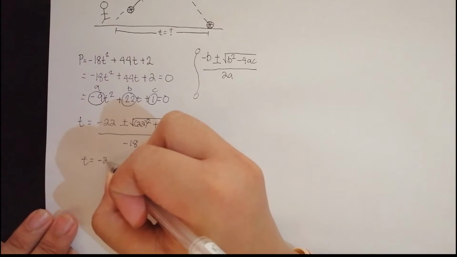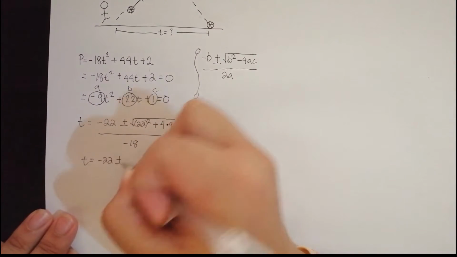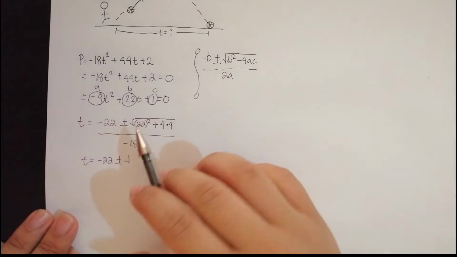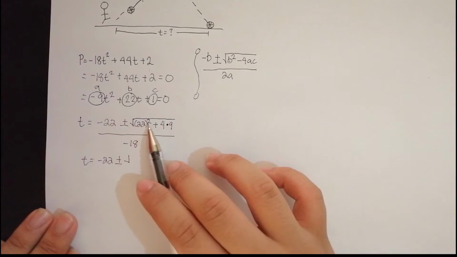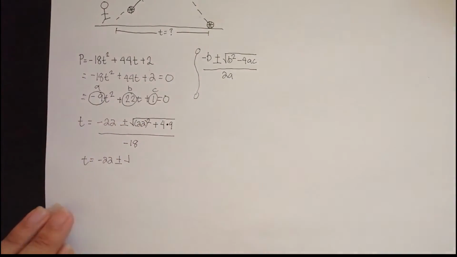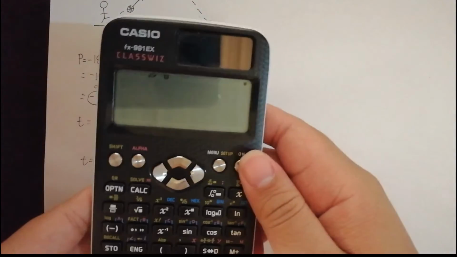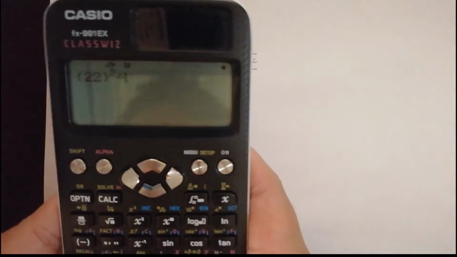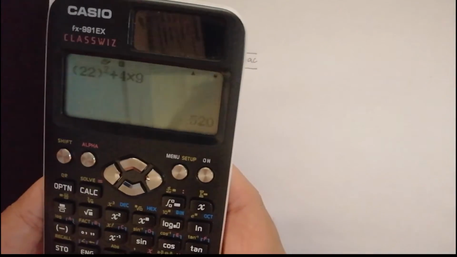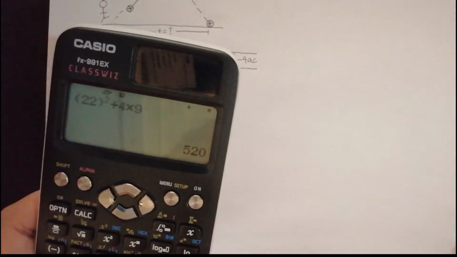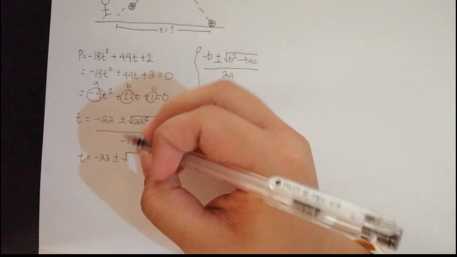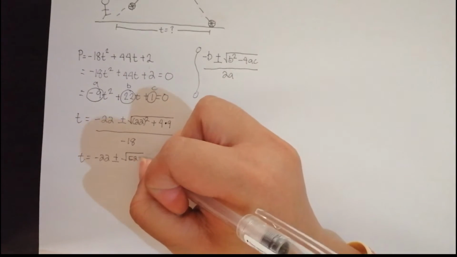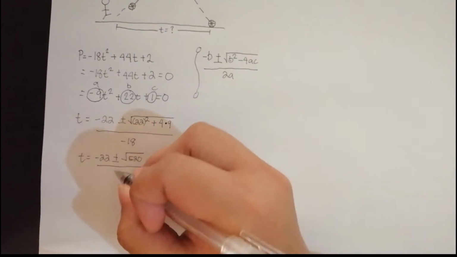t equals negative 22 plus or minus the square root of, now we will solve the inside of the square root. Now 22 squared plus 4 times 9, we can use the calculator here. So 22 squared plus 4 times 9 is equal to 520. So this will be the square root of 520 all over negative 18.